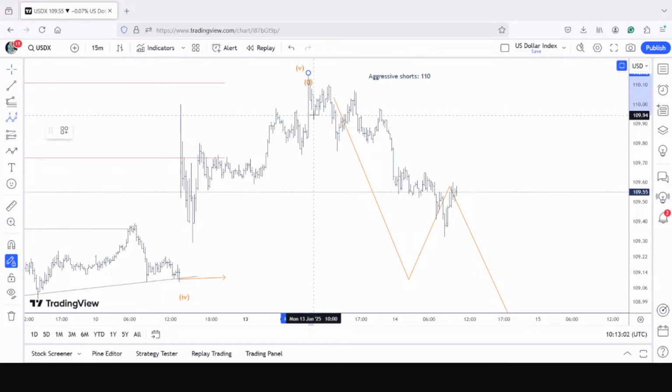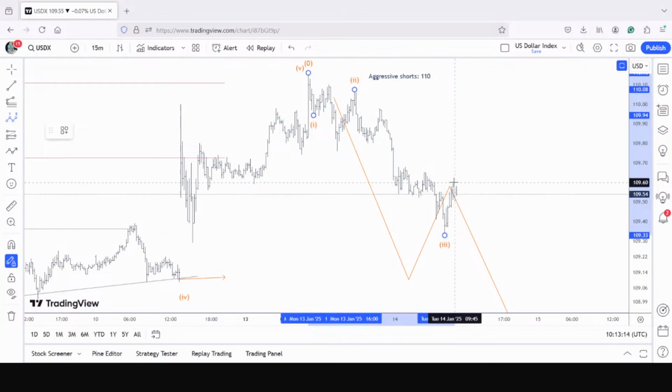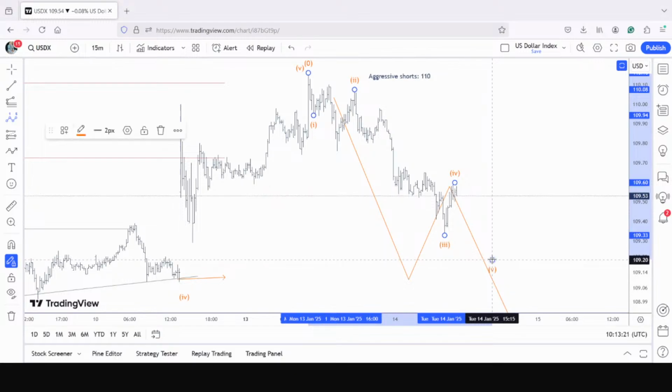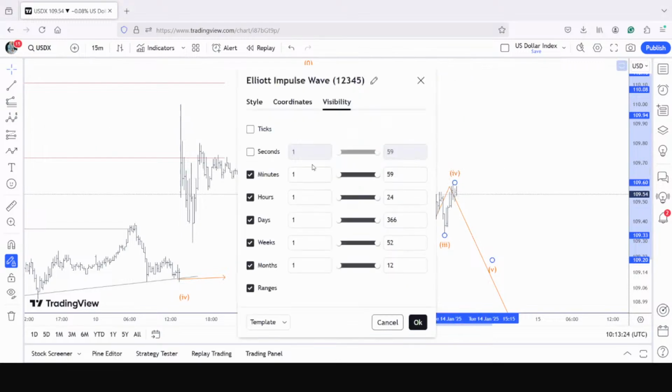It's wave 1 and expanded flat 2. And then 1, 2, 3. Look at that sideways triangle and possible wave 3 complete. We are now pushing towards wave 4, and that looks to be a perfect impulse in the making, and it should not take more time.